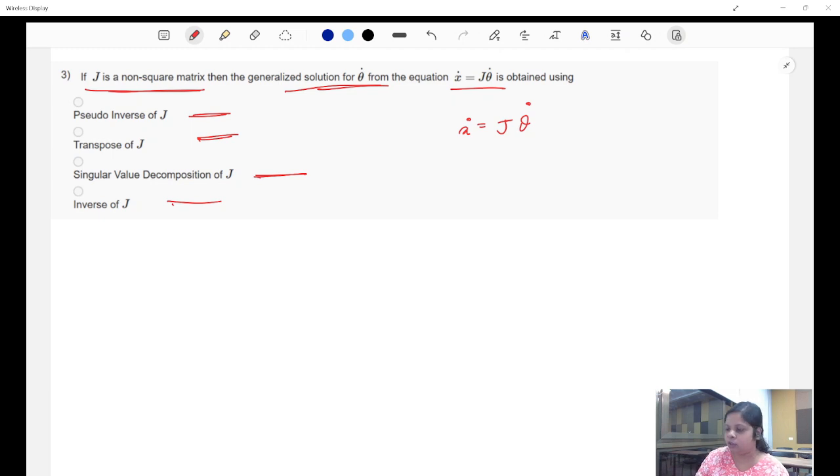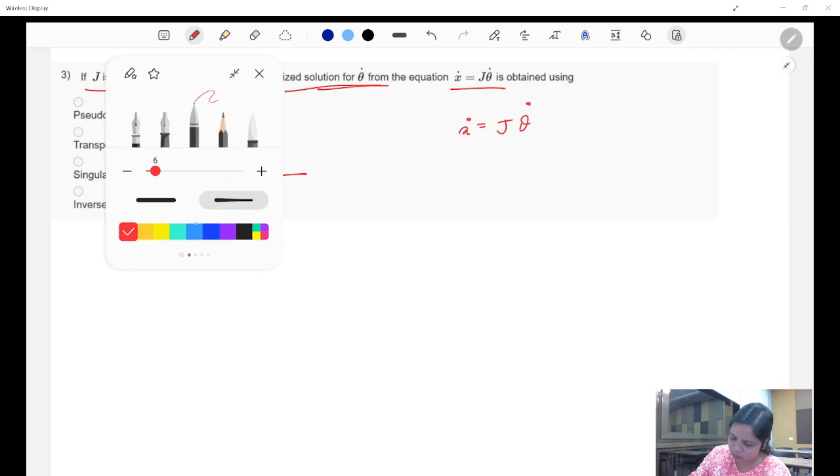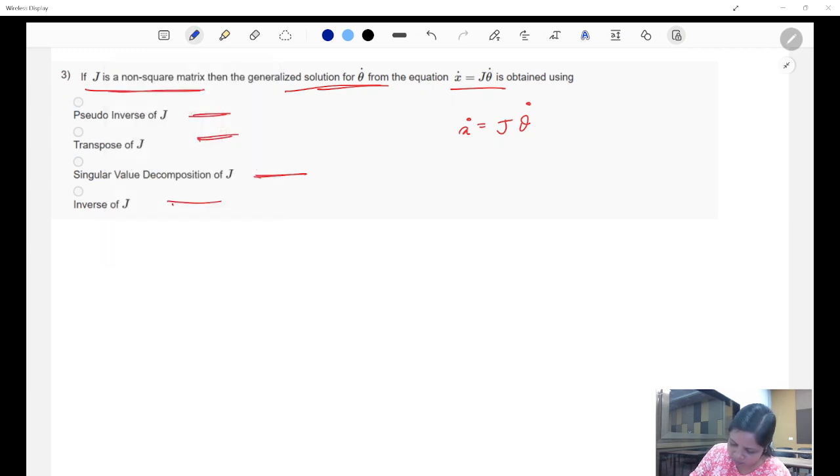You won't be able to define the inverse if your matrix is not square. And from the transpose you are definitely not going to get the inverse, because that would again be a square matrix. So the only solution that you have for this is the pseudo inverse, for the generalized solution.